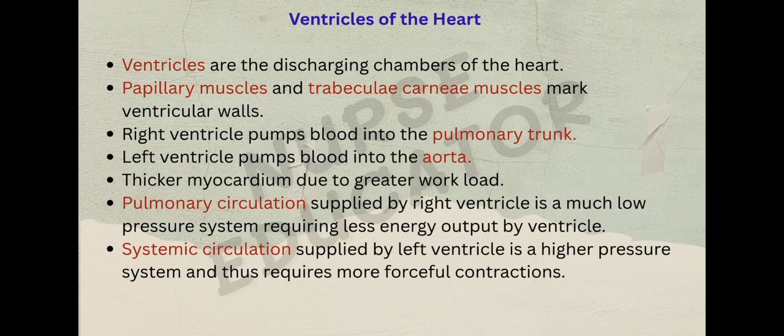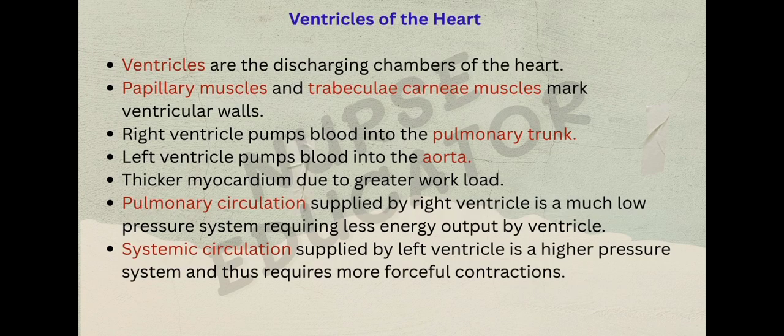There are two circulations, pulmonary and systemic. The pulmonary is supplied by the right ventricle, a low pressure system requiring very little energy, and the systemic circulation supplied by the left ventricle is a higher pressure system and thus requires more forceful contraction.